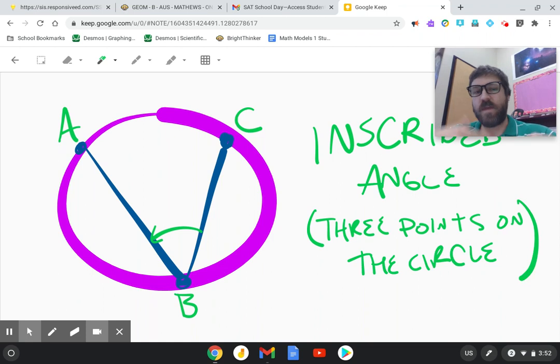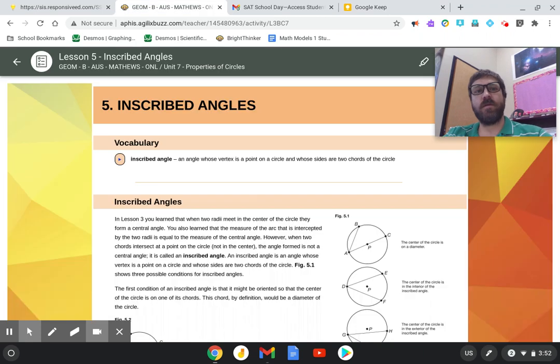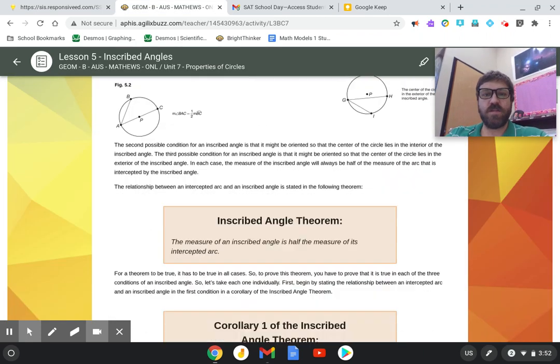So the vertex and the other 2 points are on the circle in an inscribed angle. That's really the main thing that you need to know here.